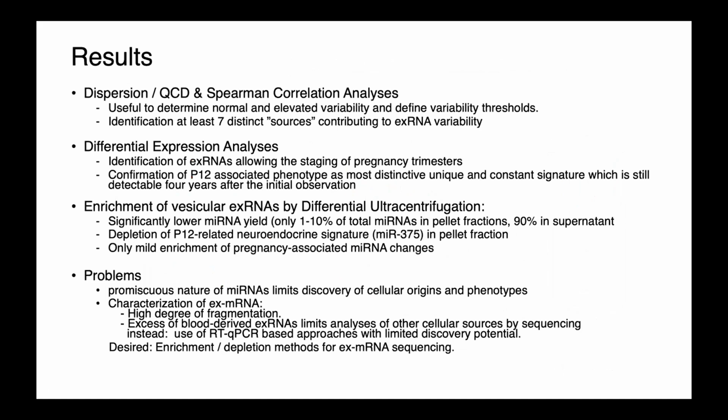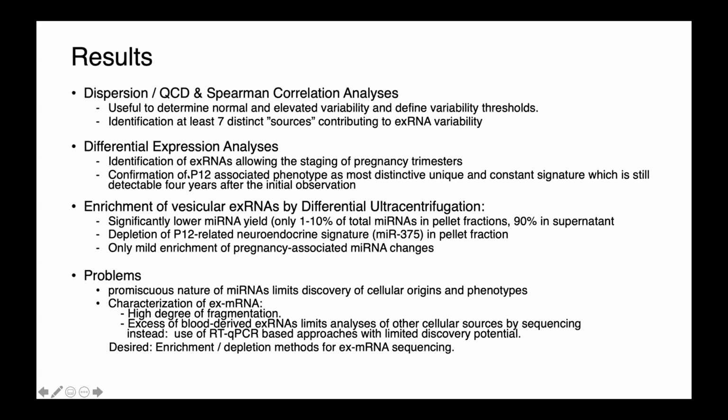Now, the take-home message is probably in terms of methods, dispersion and QCD analysis methods are very useful to determine normal and elevated variability and define variability thresholds in normal individuals. This allowed us to identify at least 7 distinct sources contributing to extracellular variability. Following up with differential expression analysis, we could stage the stages of pregnancy.